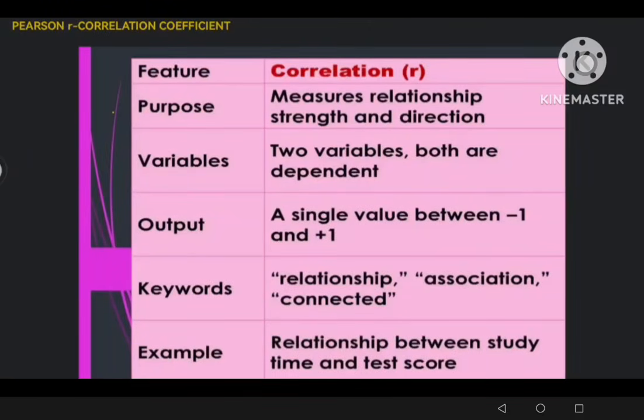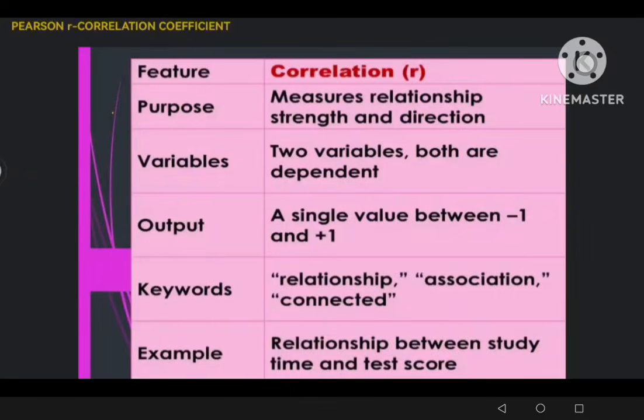And some of the keywords we're going to see or read in a certain statement when it comes to the Pearson R correlation coefficient are relationships, association, connected. So it's something like how connected variable A and variable B are, or what's the relationship of a boy and a girl.